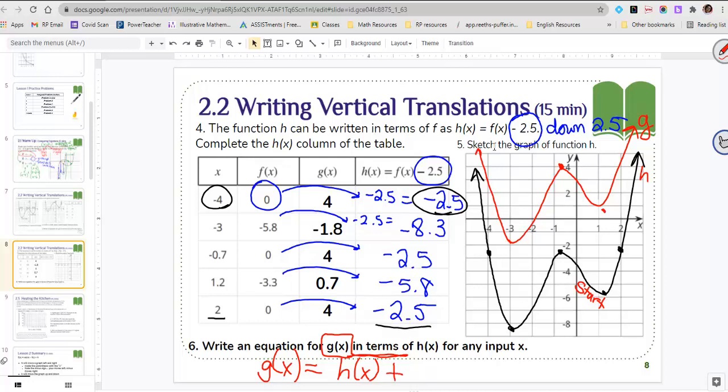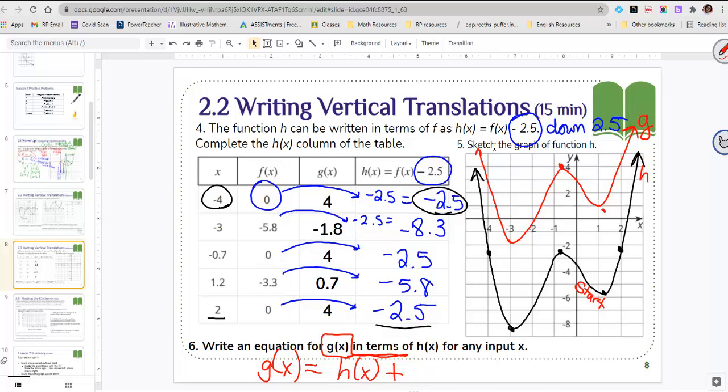I need to add something to it. How much do I need to add to get from an H output to a G output?